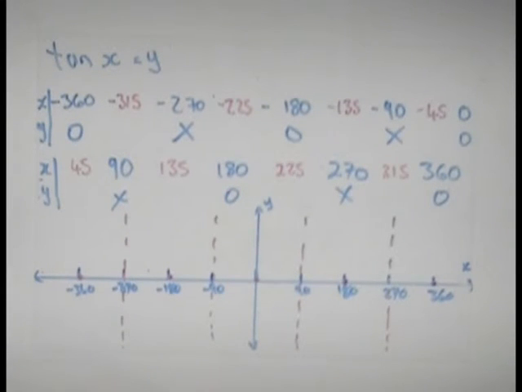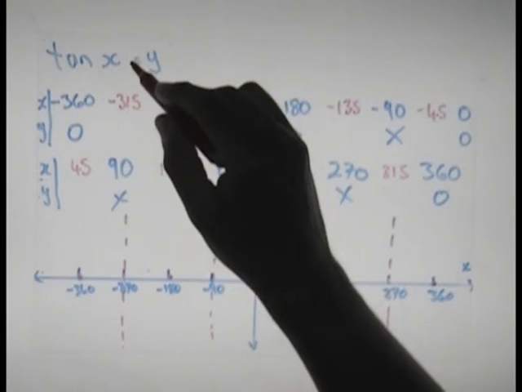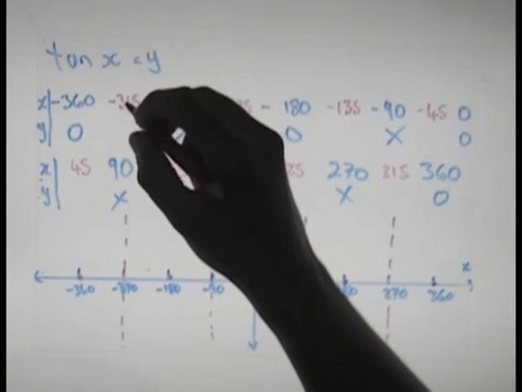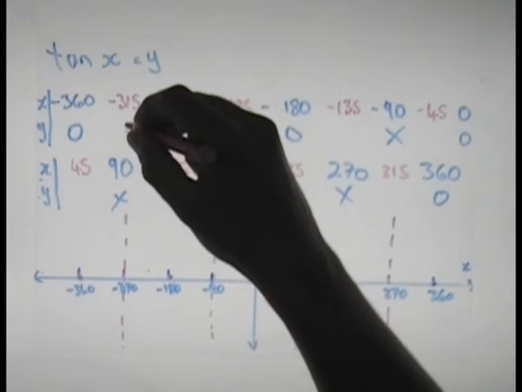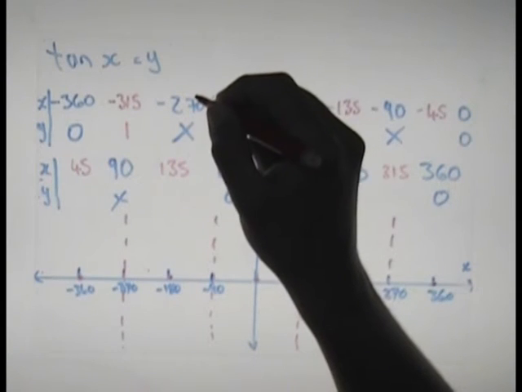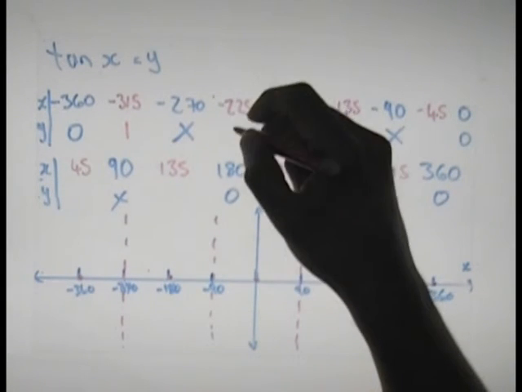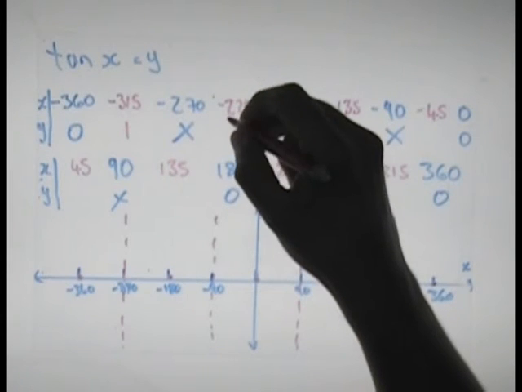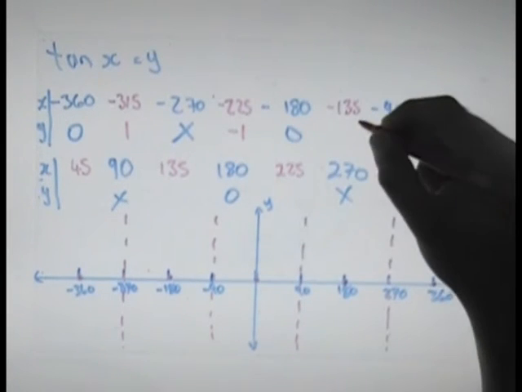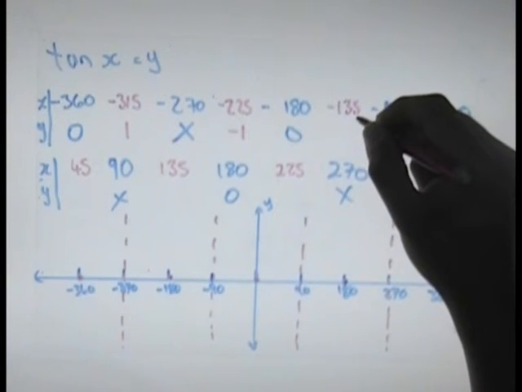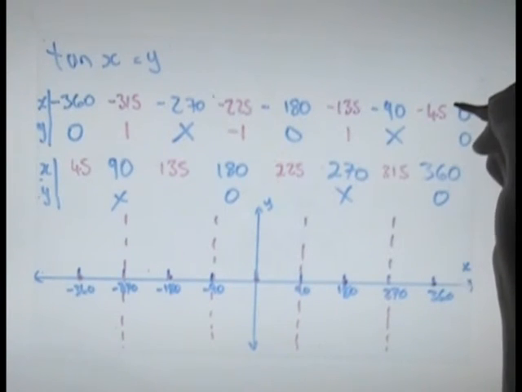Alright, now let's look at our corresponding values. Tan of negative 315 is going to give me positive 1. Tan of negative 225 is going to give me negative 1. Tan of negative 135 is going to give me positive 1.